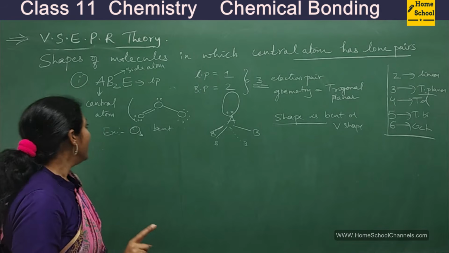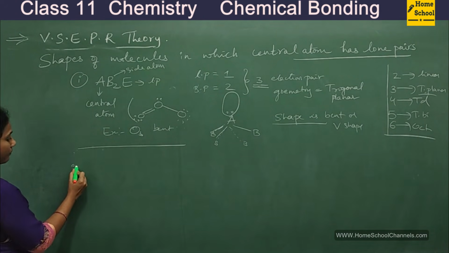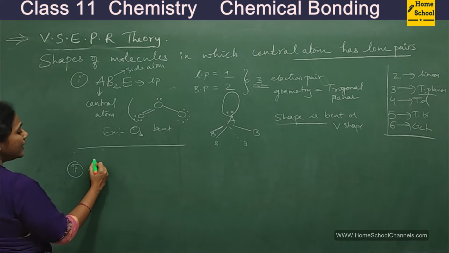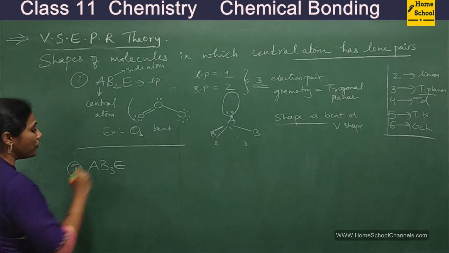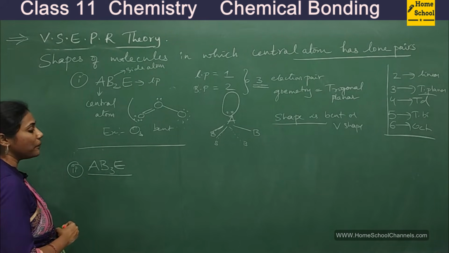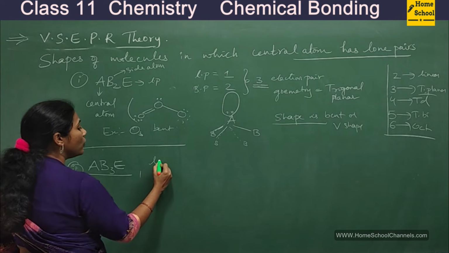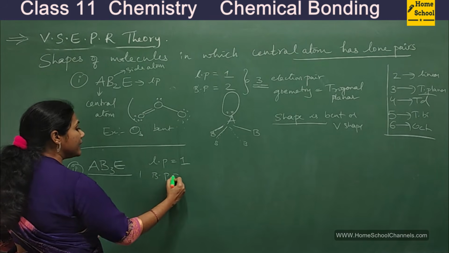Okay, fine. So now let me go for the second type of molecule. In case you have an AB3E type of molecule, can you tell me how many lone pairs? Lone pairs are 1, bond pairs are 3.